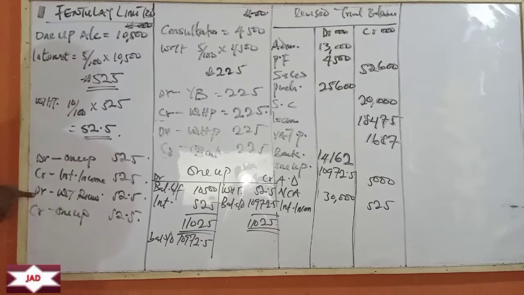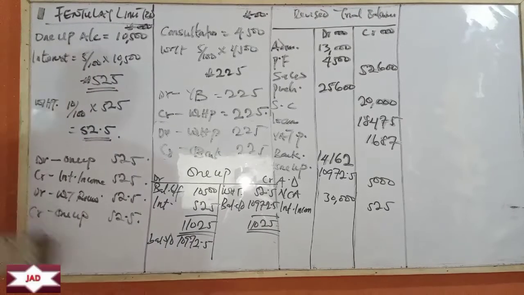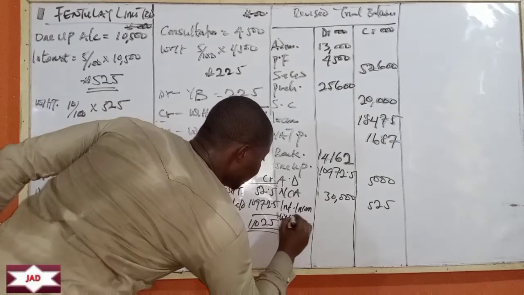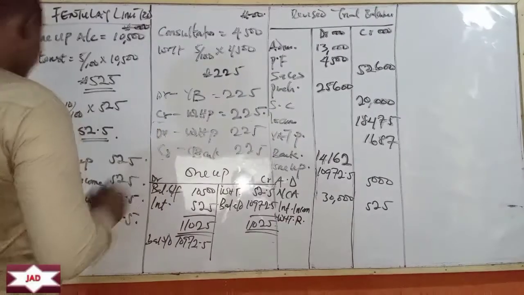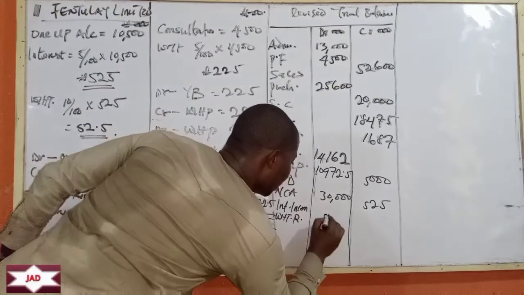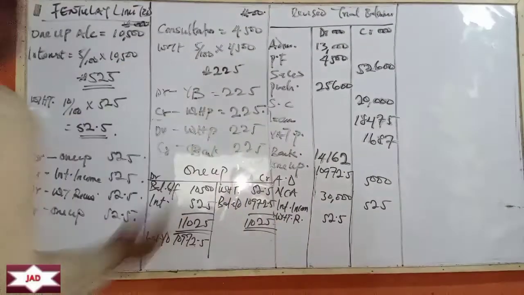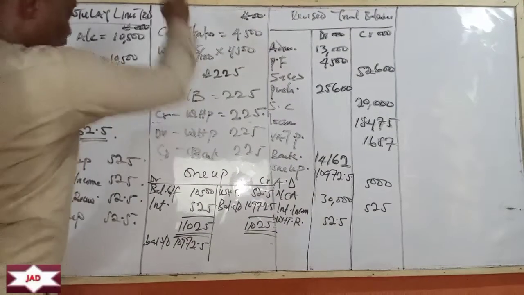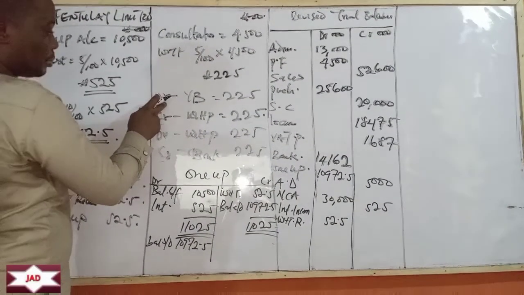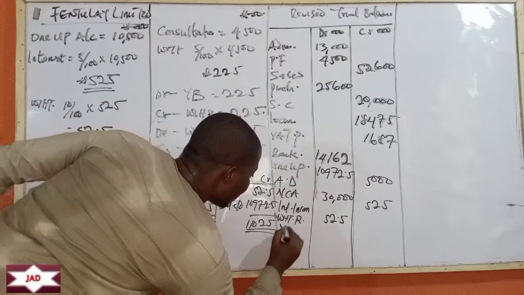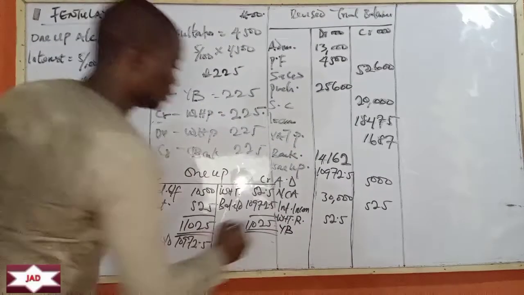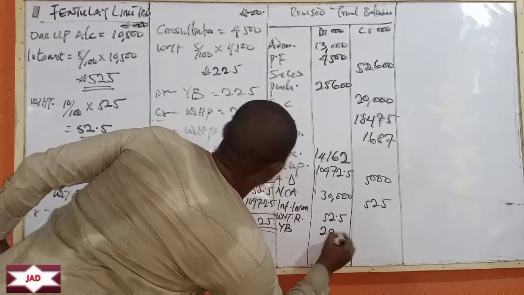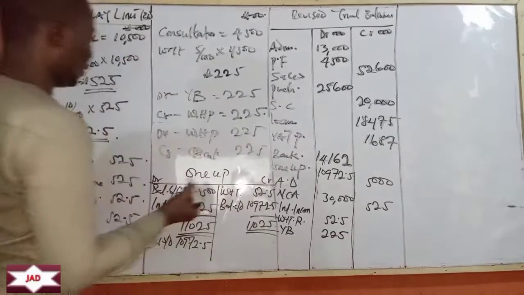Withholding tax receivable here is 52.5. So we've done that here. So here we have YB, debit YB. YB is a debtor now. We have 225.